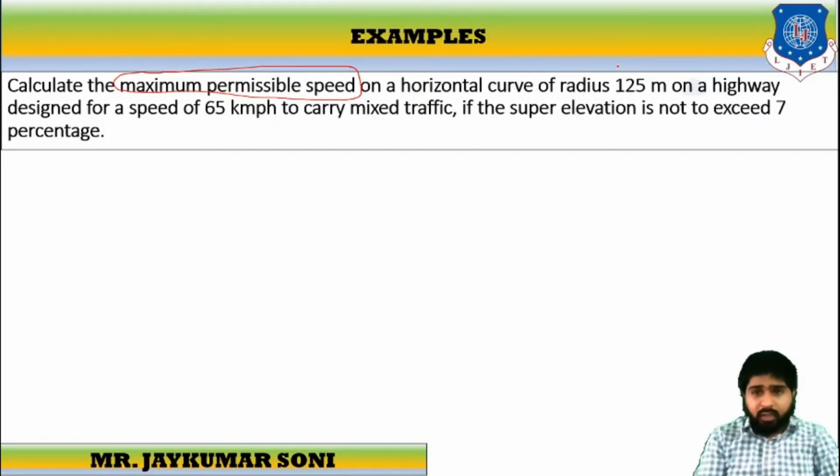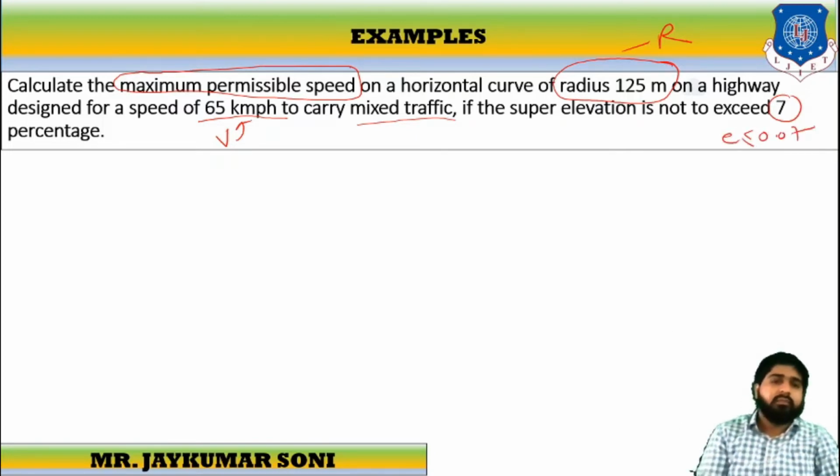On a horizontal curve of radius 125 meter, this is the value of R, on a highway designed for the speed of 65 kmph, capital V is equal to 65 kmph, mixed traffic condition. If the super elevation is not to exceed 7%, means the super elevation should be less than or equal to 0.07.